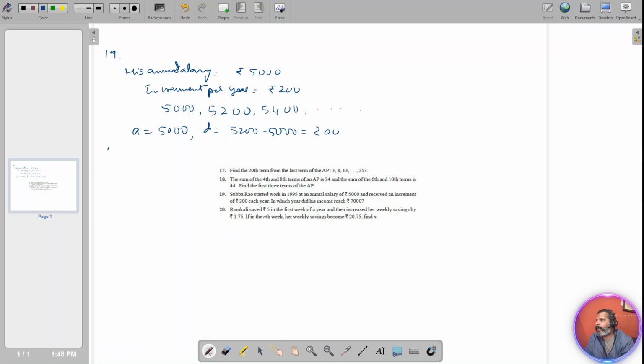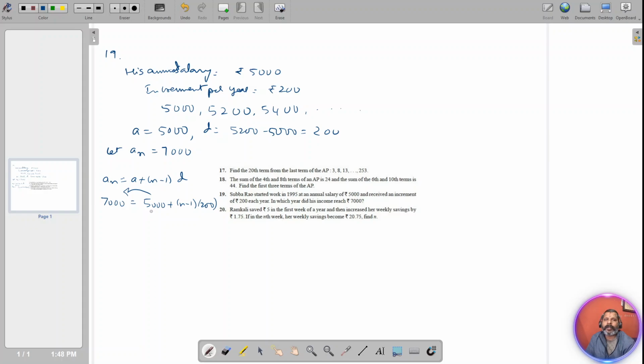Then let AN be the amount he wanted: 7,000. In which year will he get it? Just put the formula and substitute. AN is equal to A plus N minus 1 into D. AN is 7,000. A is 5,000 plus N minus 1 into 200. When you transpose 5,000 to the left side, it becomes minus 5,000.